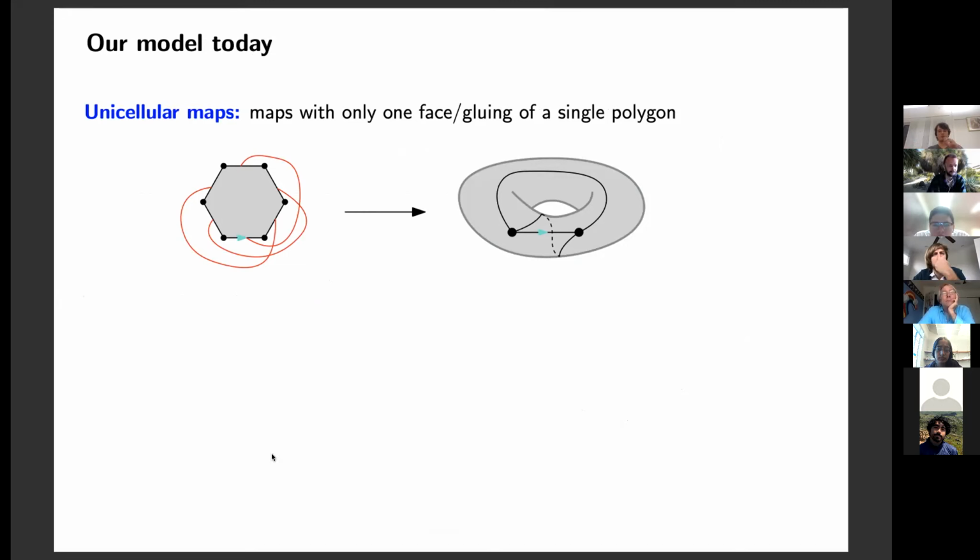I'm not going to talk about the whole picture now. I'm going to focus on the model that we used in the work with Svante Janson. So our model is unicellular maps. They are maps with only one face, which means that it's a surface built by just gluing the edges of a single polygon. Here you have an example of the torus being built out of a hexagon.